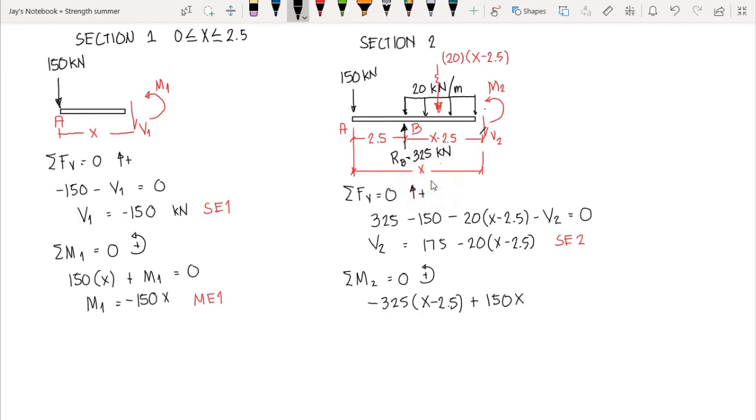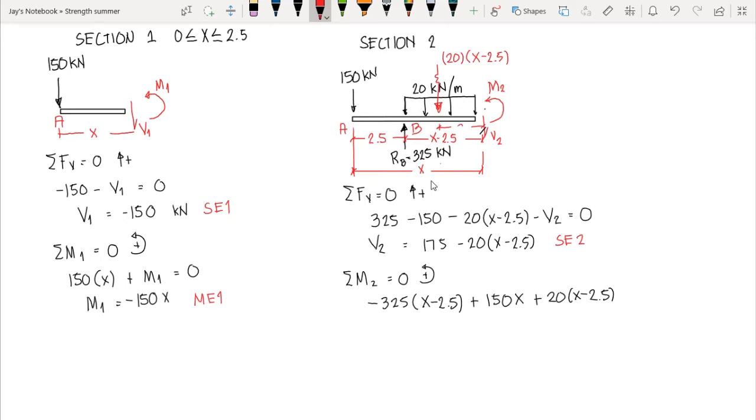Then the resultant of the uniform load, that is positive 20 times x minus 2.5. Then the moment arm. Now we know again that our resultant is acting halfway, or at the midspan of its length of action.